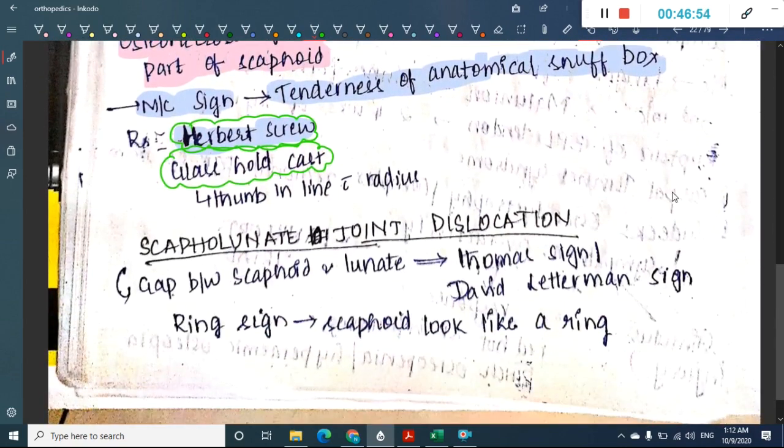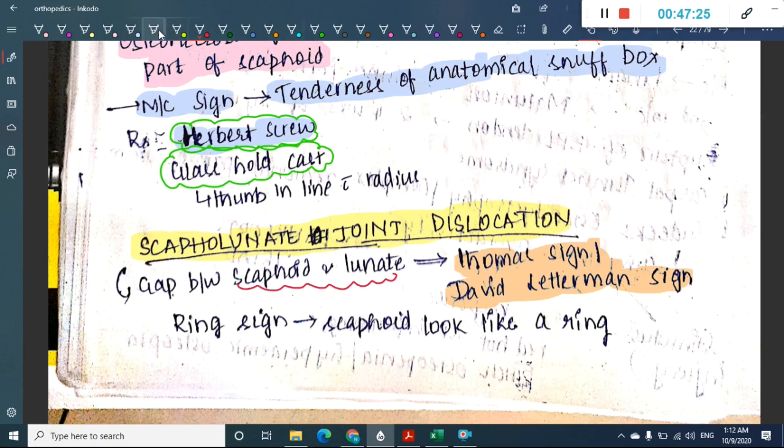After scaphoid fracture, the next one is scapholunate joint dislocation. So what do you see here? In scapholunate joint dislocation, you will see a gap between the scaphoid and lunate, and that is called Terry Thomas sign or David Letterman sign.